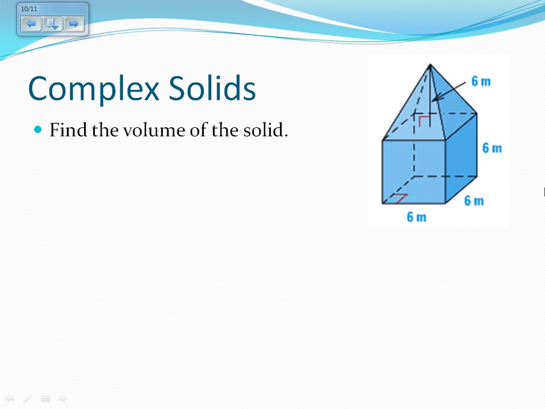Pyramid. What type of pyramid? Yes, thank you, Emily. Alright, so square pyramid. We name it by its bottom, right? Just make sure you use the right words, okay? So you're going to have to do the bottom part, which is a cube, plus the top part, which is the pyramid, okay? And add them together. Make sense? Yeah. All right.